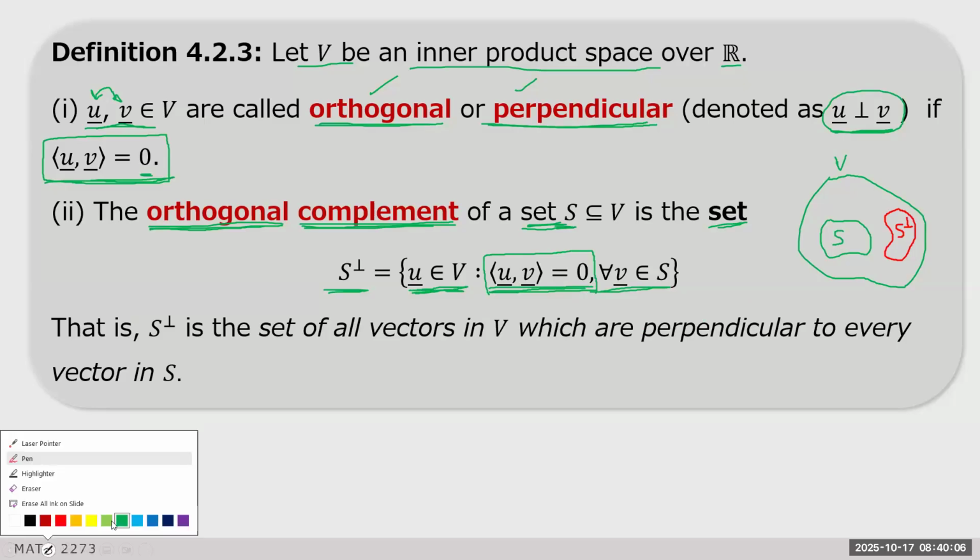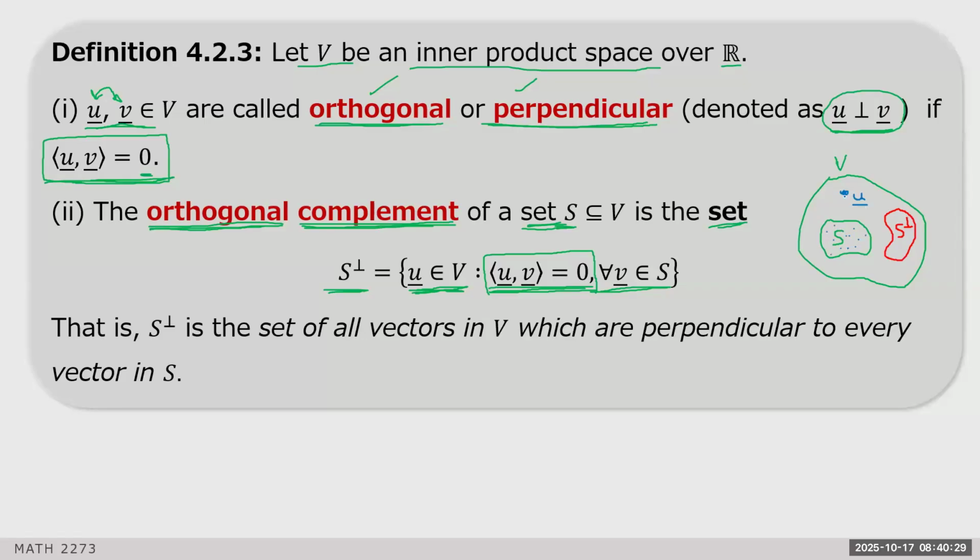So here's how you construct it. You take a vector in V, and S has many vectors inside of it. Let's say S has all these vectors inside of it.